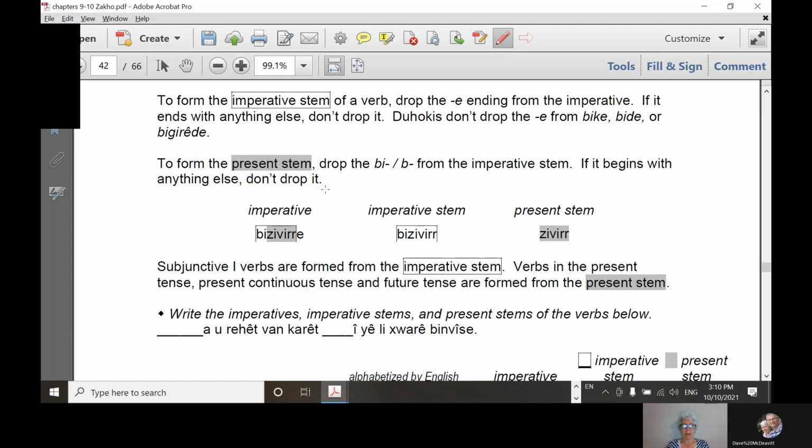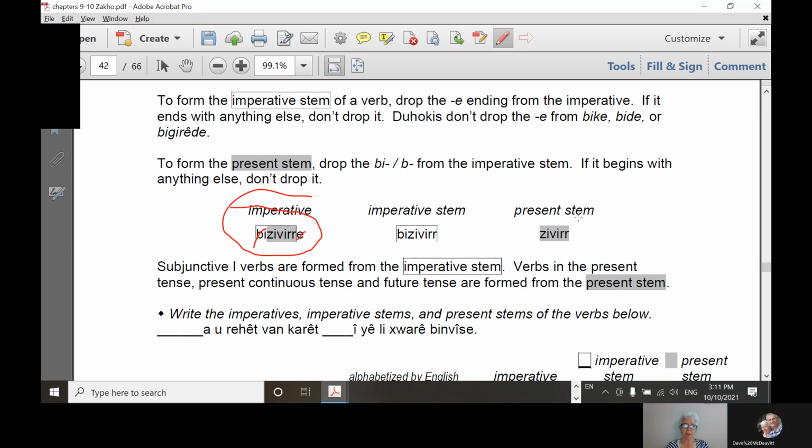So the imperative for zivarin is bezivara. The imperative stem simply gets rid of the ending, and then this is your imperative stem. Present stem gets rid of the ending and it gets rid of the bi. So your present stem is zivid.